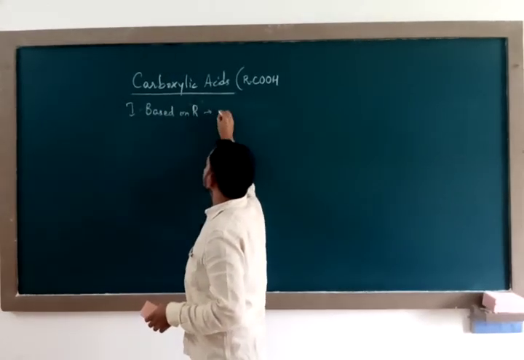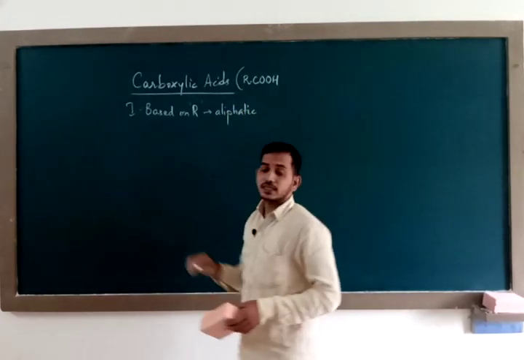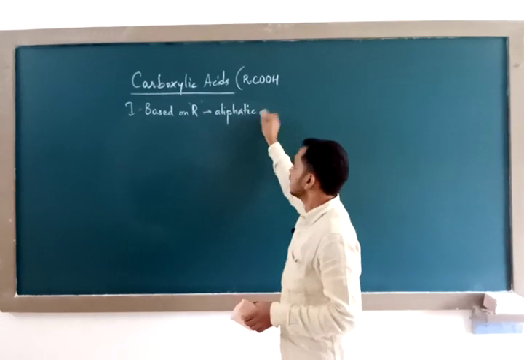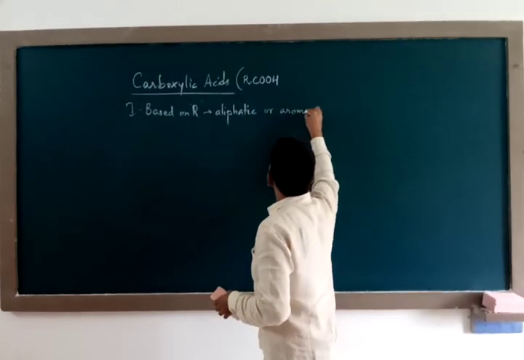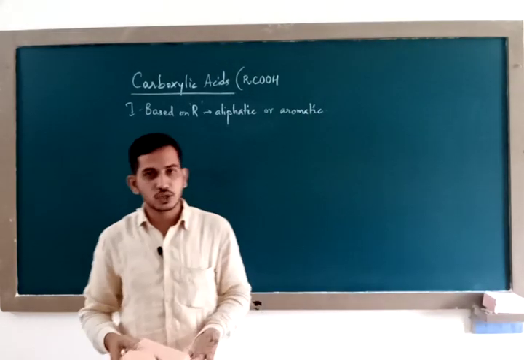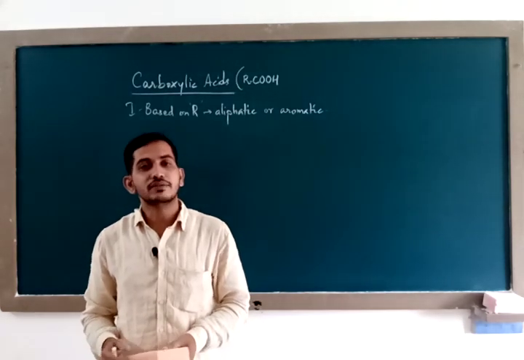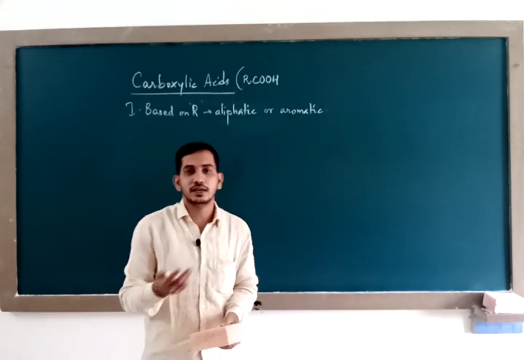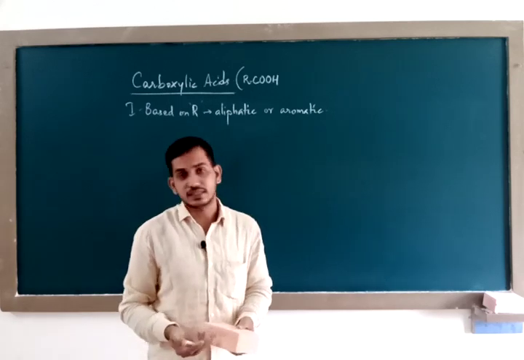If R is an alkyl group, then we call them aliphatic, or aromatic if R is benzene ring. So based on the nature of R, that is alkyl or aryl group, we have two classifications, either aliphatic carboxylic acids or aromatic carboxylic acids.